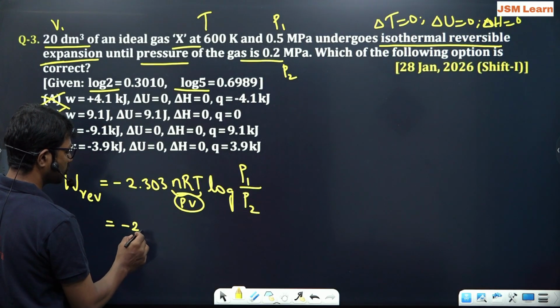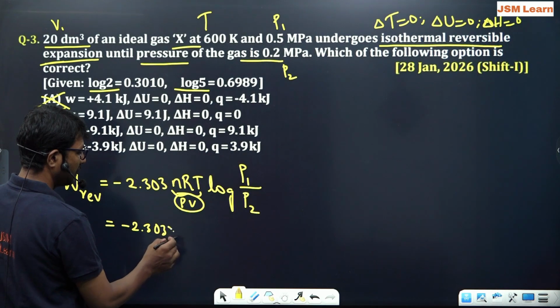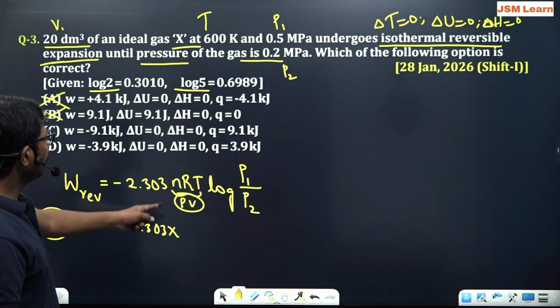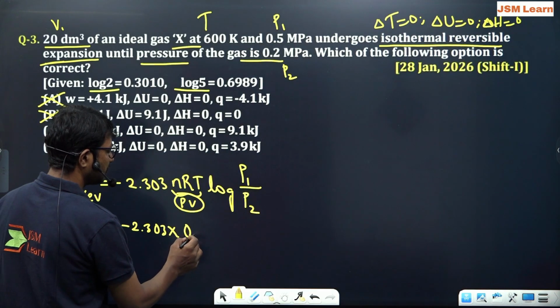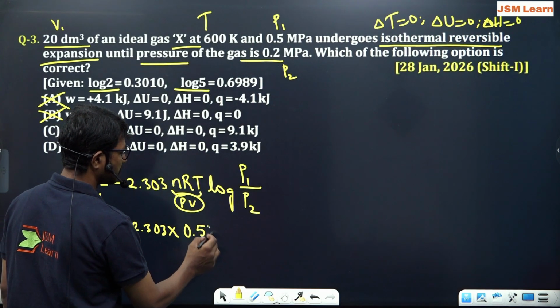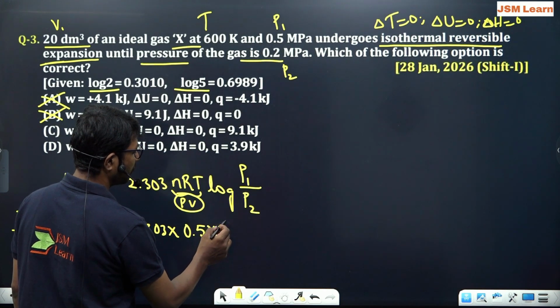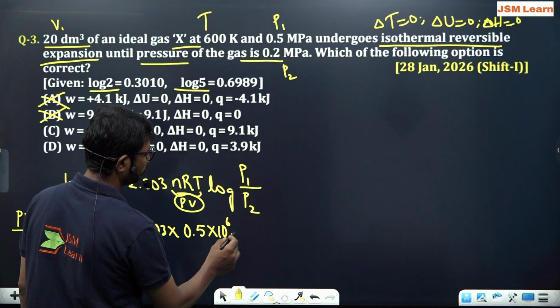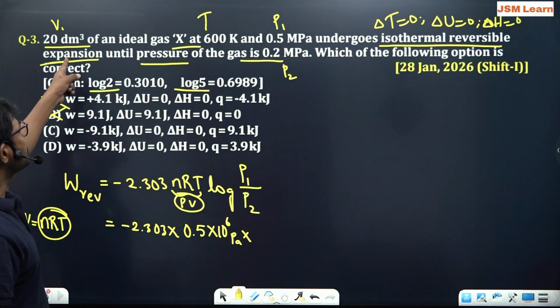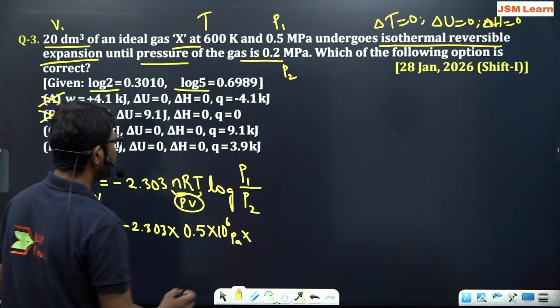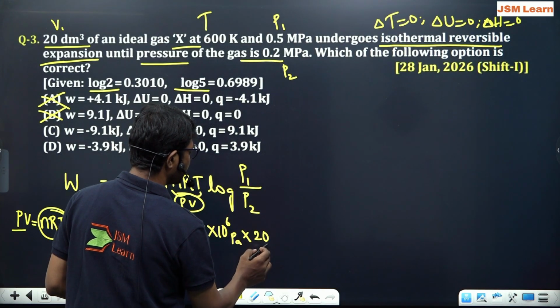So minus 2.303 multiplied by pressure 0.5 megapascal, that means 10 to the power of 6 pascals, multiplied by the volume, 20 decimeter cube, which means 20 liters.